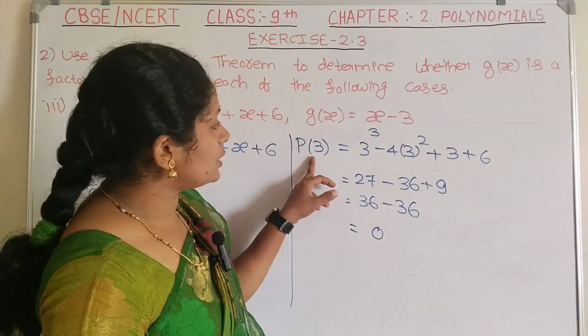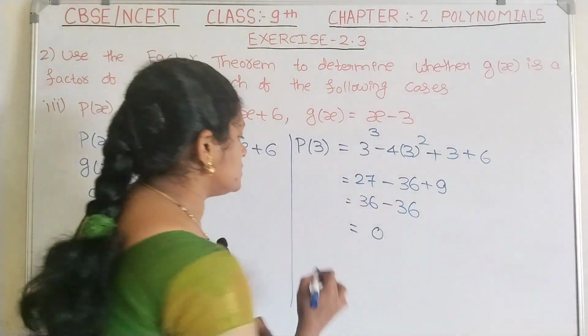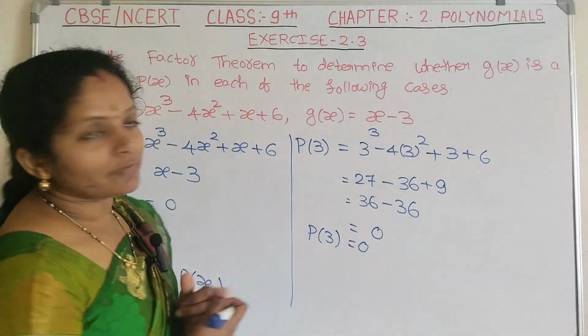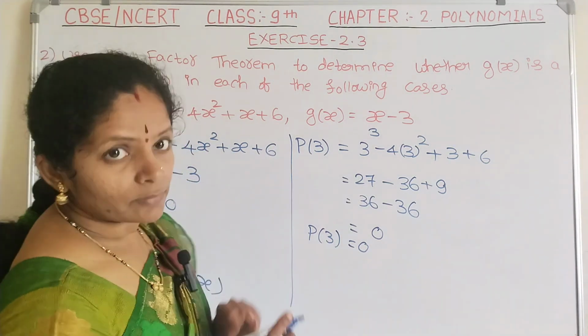As by substituting, p of 3 we got the 0. Therefore, what can we write? g of x is a factor of the p of x.